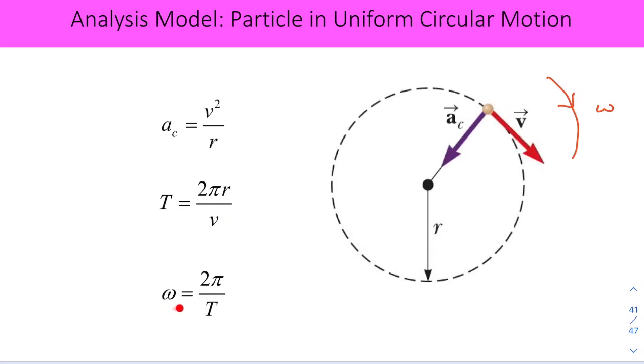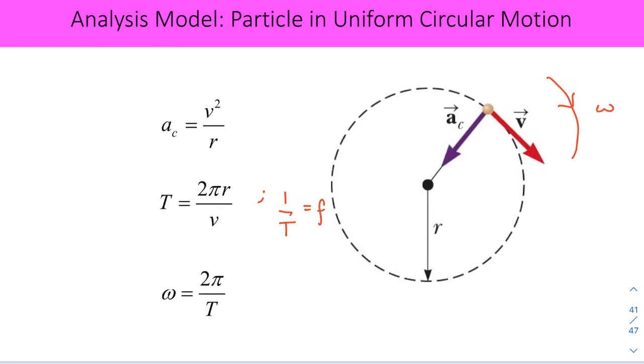And the angular velocity, if you are talking about direction, or angular speed, if you are talking only about magnitude, is equivalent to 2 pi over t, right? So 1 over t, if you still remember, 1 over period, is frequency, right?